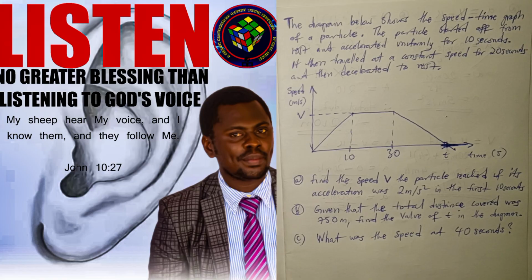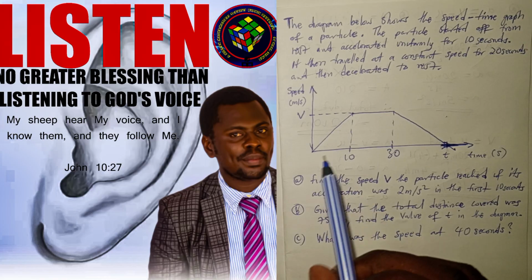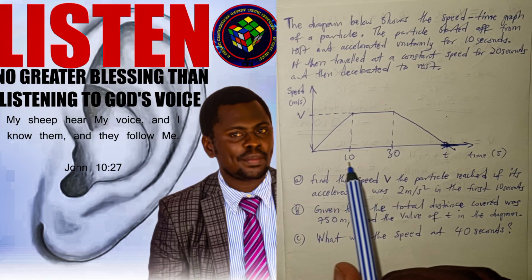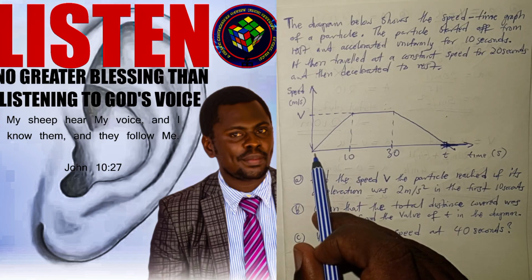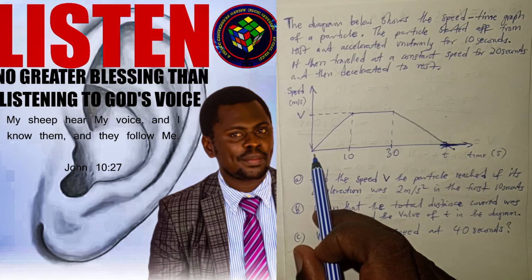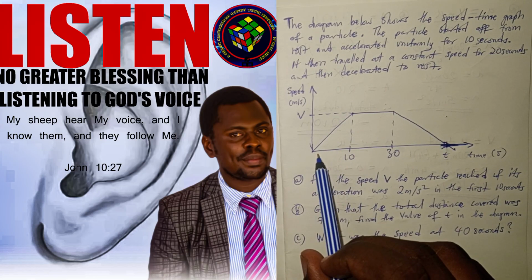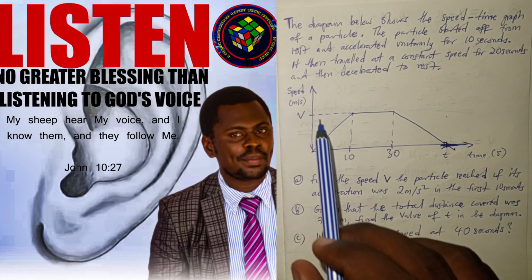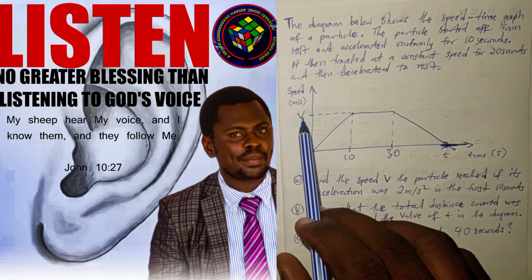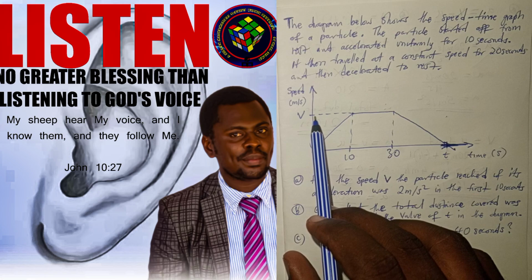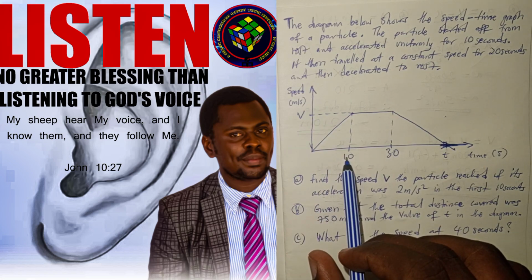Okay, so here we have the diagram, and we can see that it started from rest and moves at a constant acceleration until it reaches a speed of v meters per second, that is for 10 seconds.